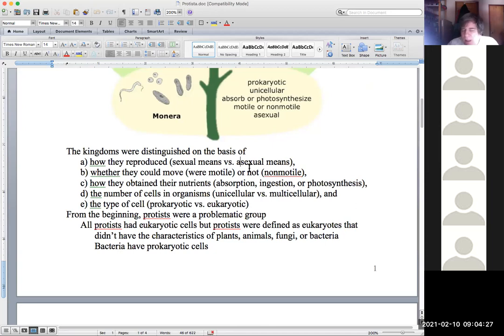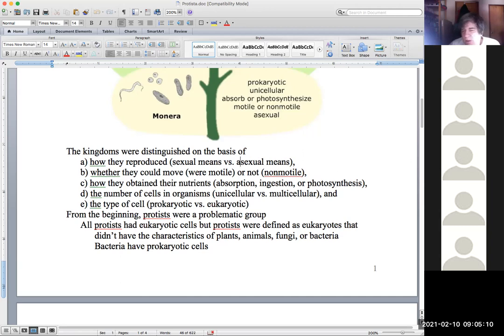He looked at how they obtained their nutrients, whether they absorbed their nutrients from the environment, whether they ingested their nutrients, whether they ate their nutrients like people do and other animals, or whether they were photosynthetic. He looked at the number of cells in an organism, whether they were single-celled, which he called unicellular, one cell making up a complete individual, or whether they were multicellular, a lot of cells in one body, in one organism. And finally, the type of cell, whether they had prokaryotic or eukaryotic cells.